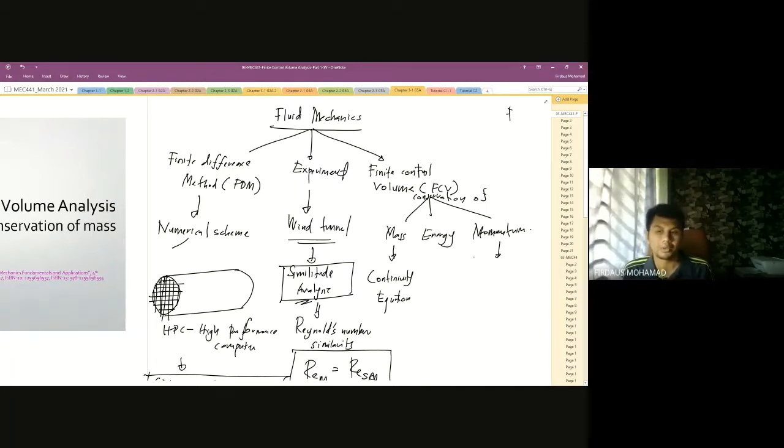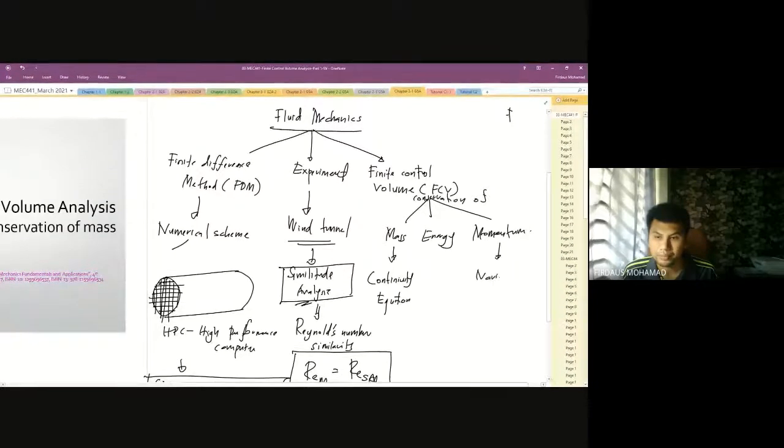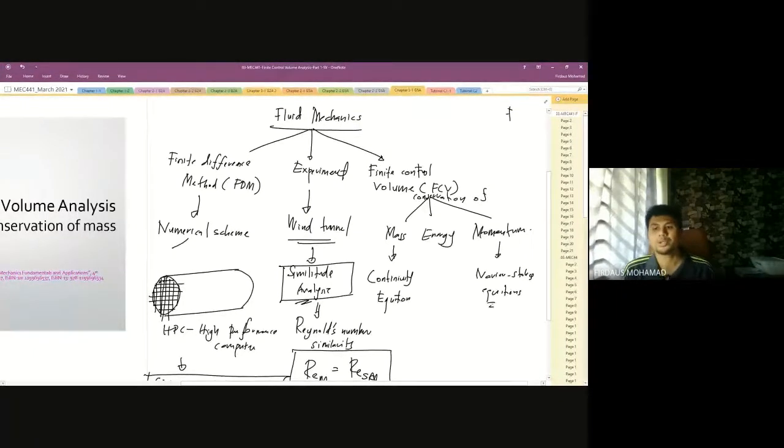Ataupun kalau dalam fluid mechanics kita famous dengan nama Navier-Stokes equation. And then last, which is energy, conservation of energy: energy in tolak energy out equal to delta change of energy in the system.